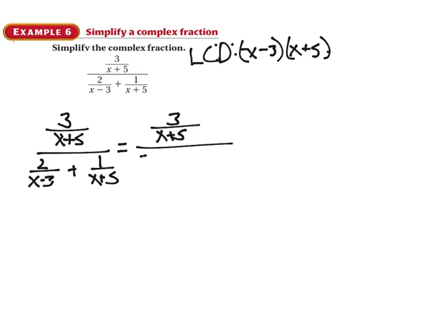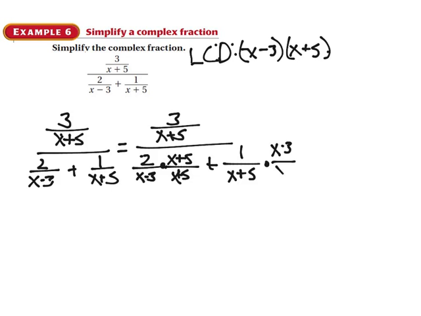Right here, so it'll be 2 times x minus 3, then x plus 5, x plus 5. Here I'm going to do x minus 3, and I'm going to multiply each one by x minus 3 on top and bottom. Okay?